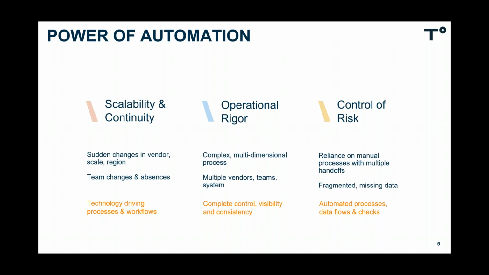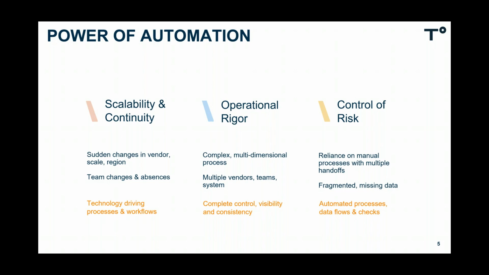From an operational rigor perspective, companies have very different types of processes. Some processes are very complex, they're multidimensional in nature, and technology can really drive process efficiencies for your organization. You can allow different vendors to have access, different team members, and what that allows is the ability for you to share the same version of the truth.